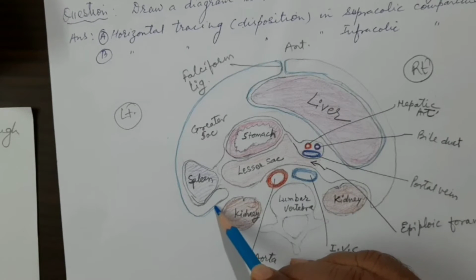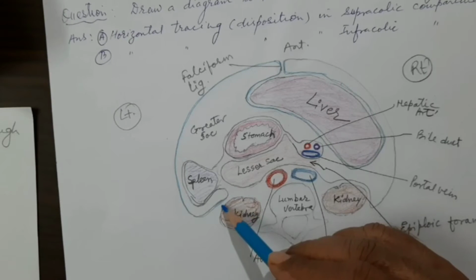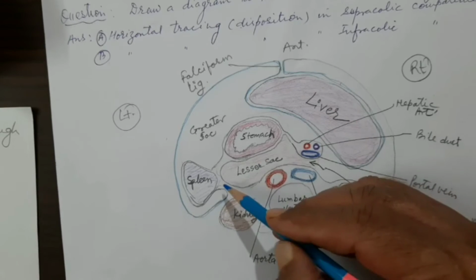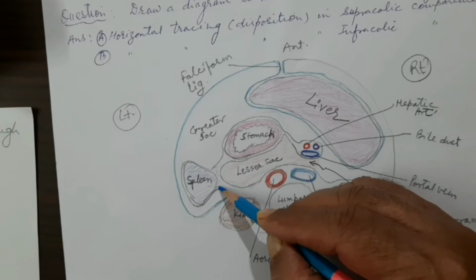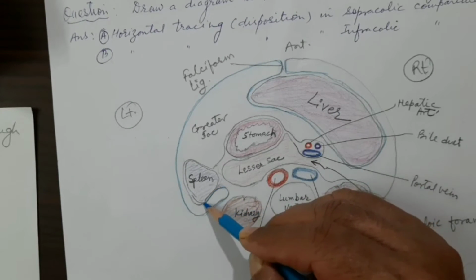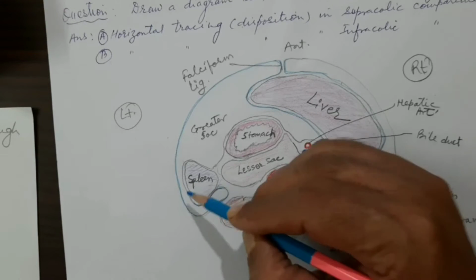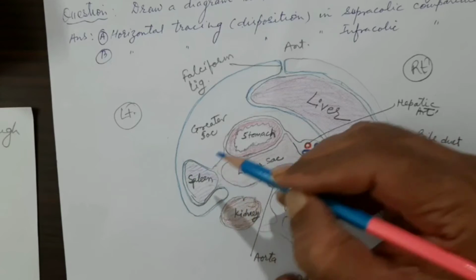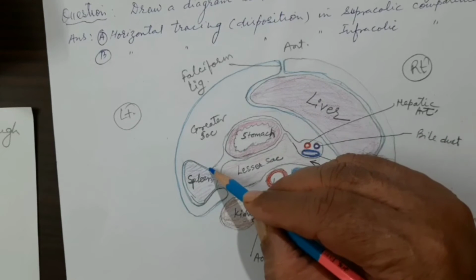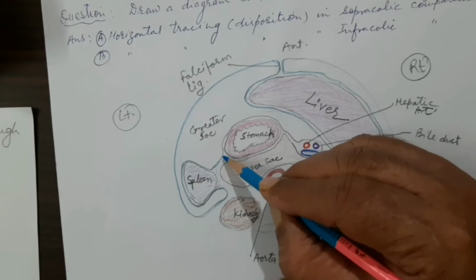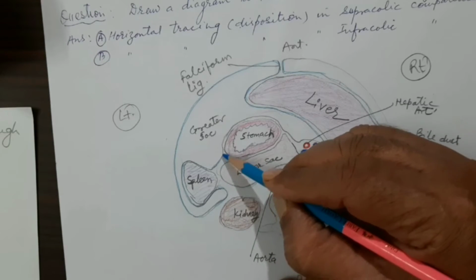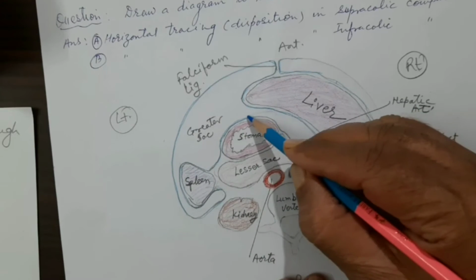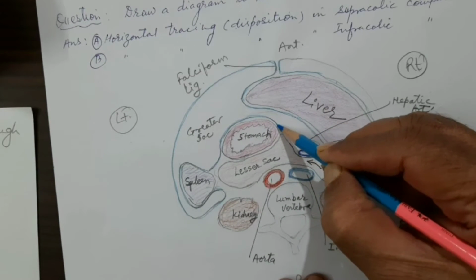Then it comes here to the posterior abdominal wall, covers the kidney from the front, and reflects on to the apex of the spleen, then onto the diaphragmatic surface of the spleen, then again onto the anterior surface of the spleen, or the colic impression, and then to the anterior aspect of the stomach in cross section.